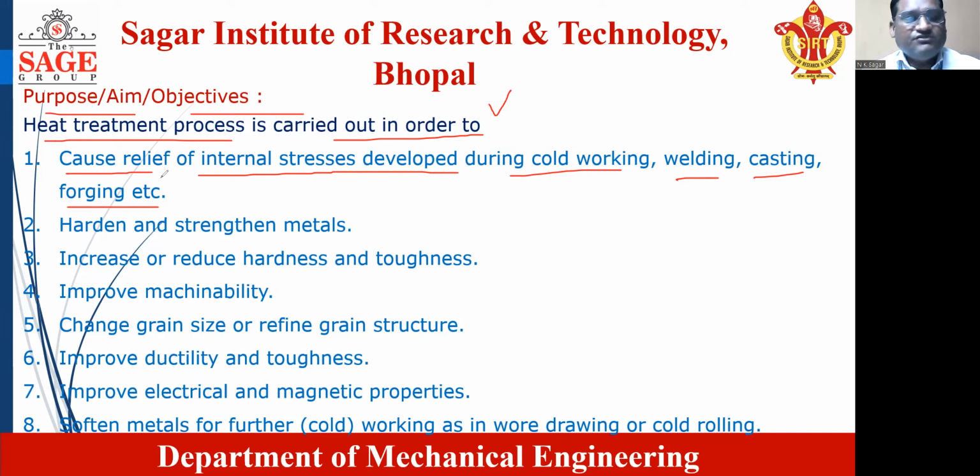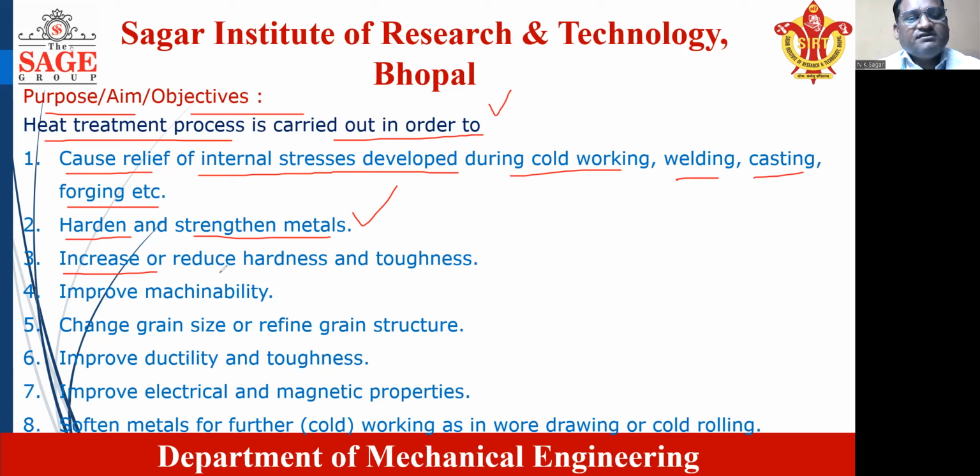So the objective is to cause relief of internal stresses developed during cold working, welding, casting, and forging processes. Second is to harden and strengthen the metals. After applying the heat treatment process, the material becomes hard and the strength is also increased.